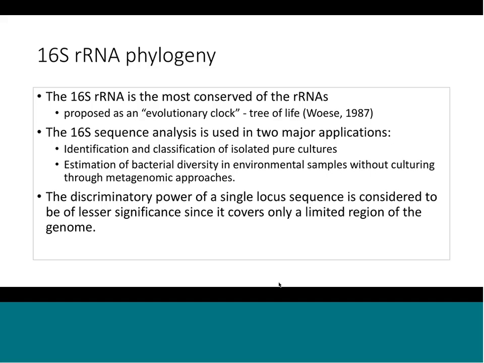16S is standardly used when you have a culture or you don't know what the bacterium specifically is. One of the first things you look for is the 16S to try to get it down to genus or family. It's also had renewed interest with all of the metagenomic studies.